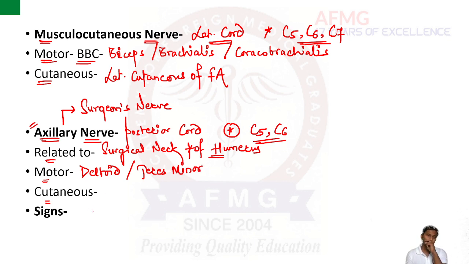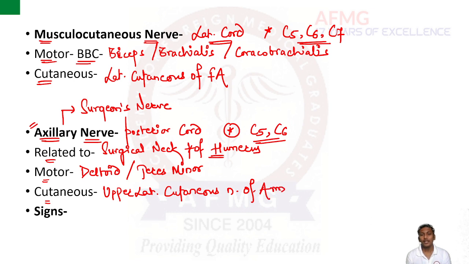Next, talking about the cutaneous or sensory innervation of the axillary nerve, it has a branch known as the upper lateral cutaneous nerve of arm. By the name itself, we can remember that it innervates the skin over the deltoid.